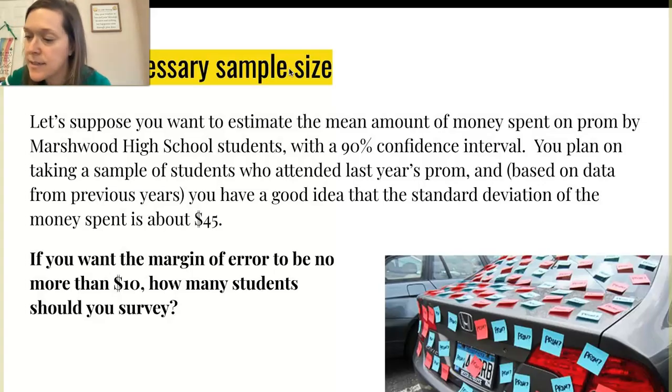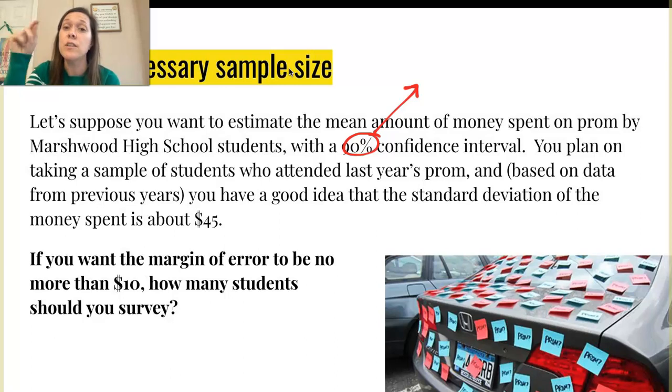Okay, so what are we doing here? We need it to be a 90% confidence interval, right? We don't know what the sample size is, so we don't know what our degrees of freedom would be, so we wouldn't be able to find the t-crit. But we know that the t distribution and the z distribution are pretty close the higher my n gets.